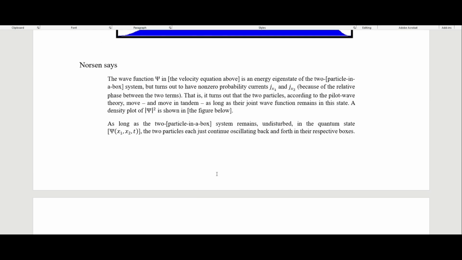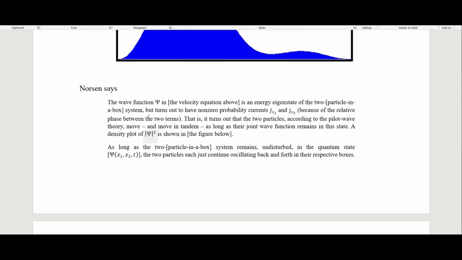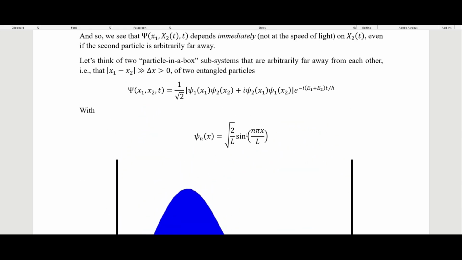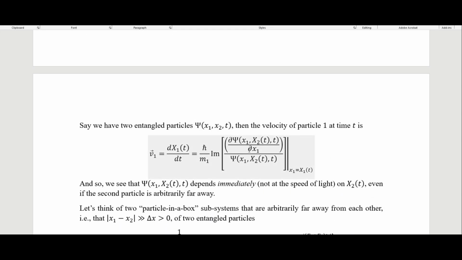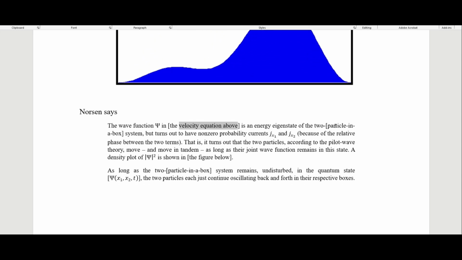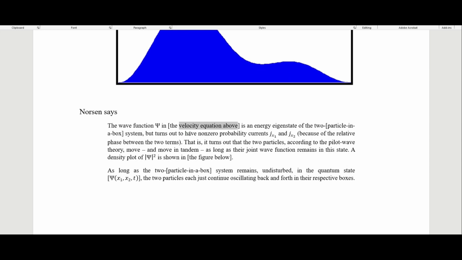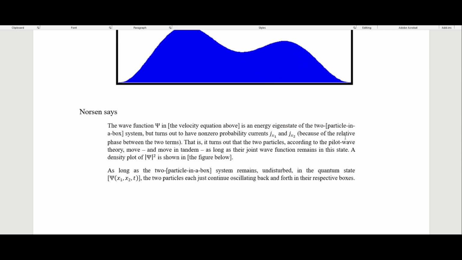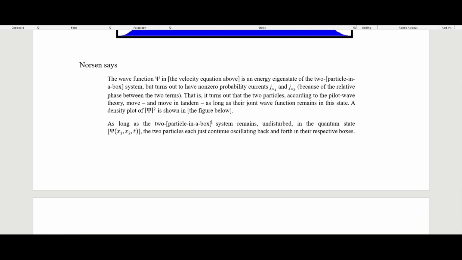So Norsen says that the wave function psi in the velocity equation above, so this equation right here, is an energy eigenstate of the two-particle in a box system, but turns out to have non-zero probability currents because of the relative phase between the two terms.